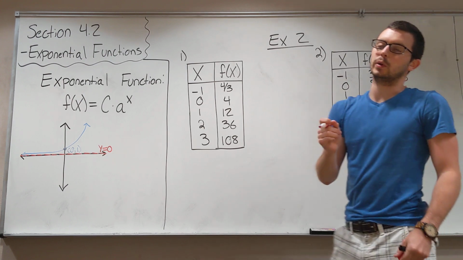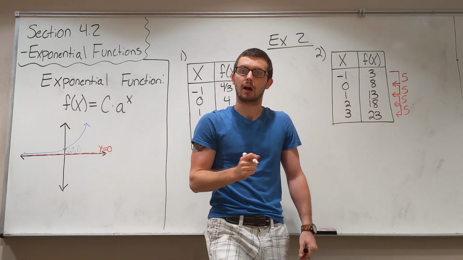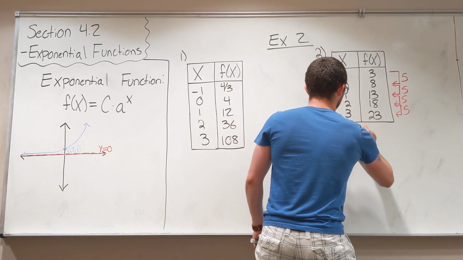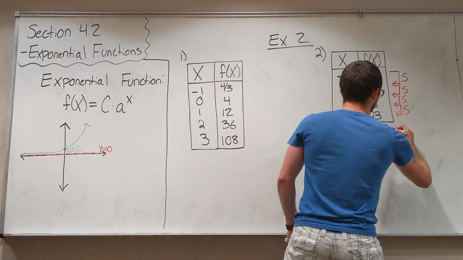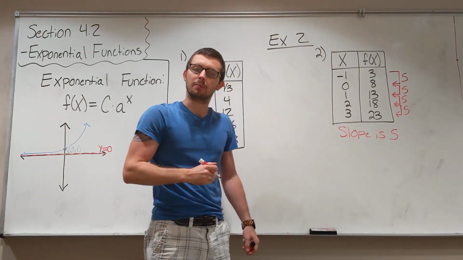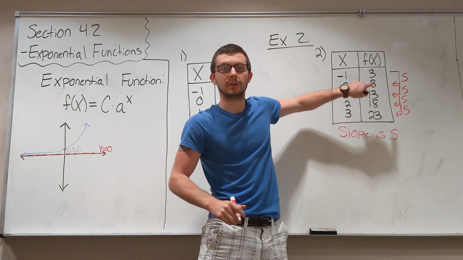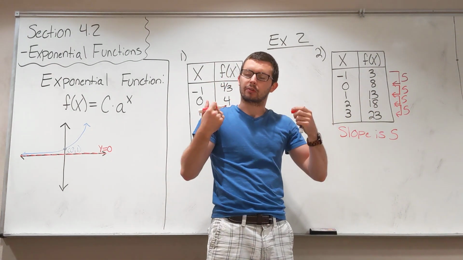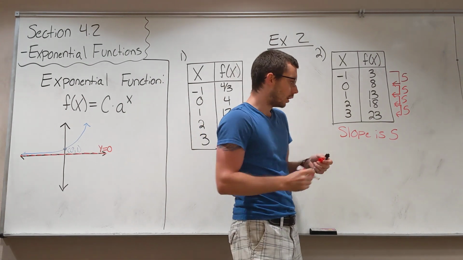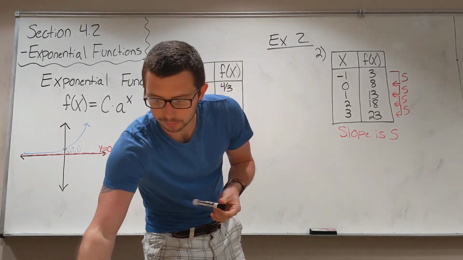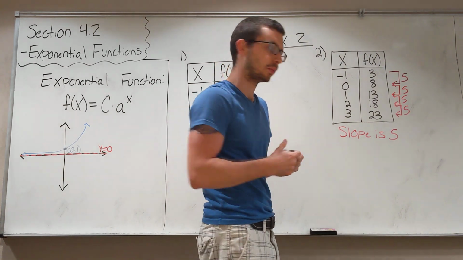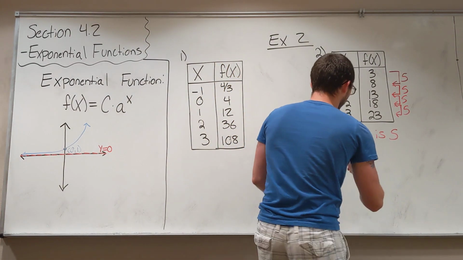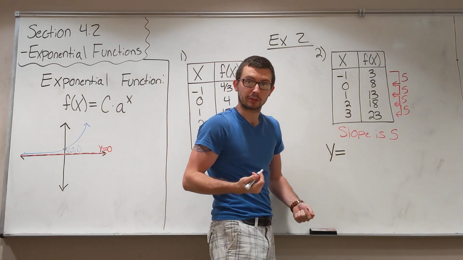The fact that we get the same number every time tells us that the slope is 5, because we get the same number as we increment from each y value. So that tells us we have a linear function. How do linear functions look? Well, it's y equals mx plus b.